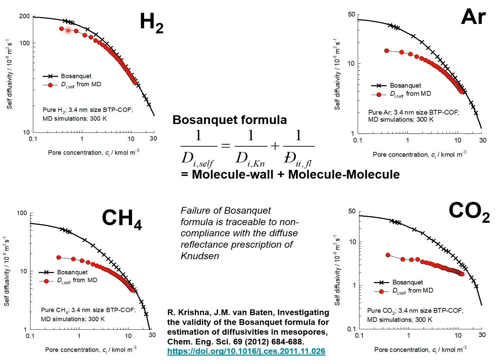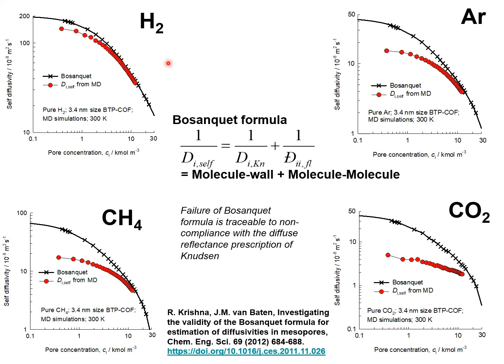The Bosanquet formula is compared with the MD simulations shown by these red circles. For hydrogen, the agreement between the MD simulations and the Bosanquet formula is very good.